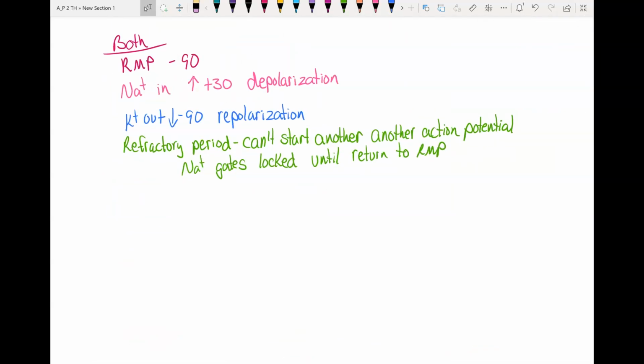So in the heart, let's do a color here for when we're talking about just the heart. In the heart only, you have extracellular calcium enters the muscle cell.